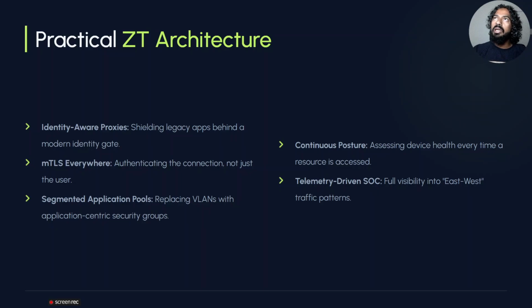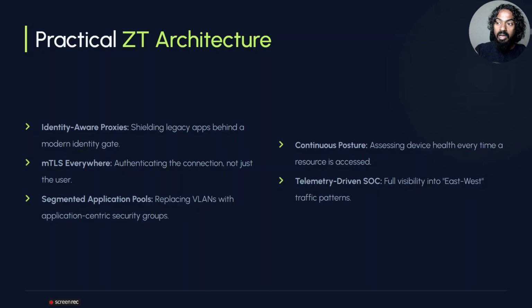The device posture is continuously evaluated, and telemetry exists everywhere. Access decisions are identity based, not network based. So this requires platform changes, not just a product. If you insert a product and say you follow zero trust, that's not going to happen. This requires changes at the platform level itself.